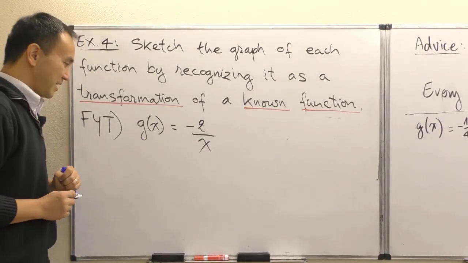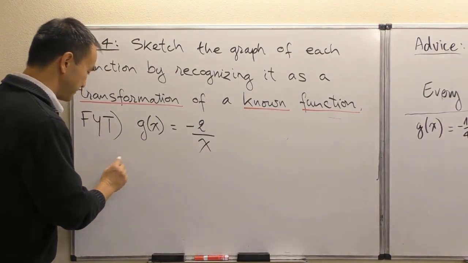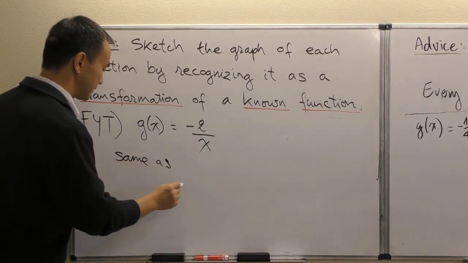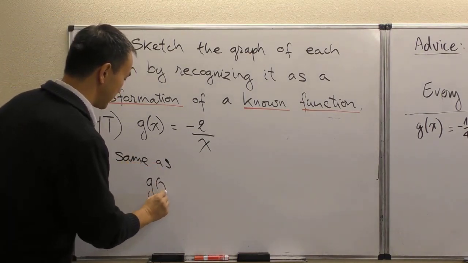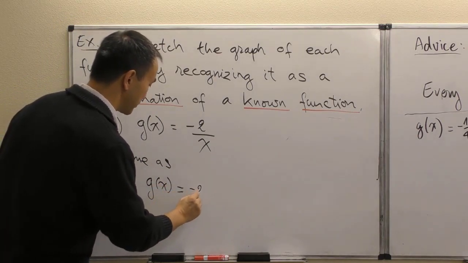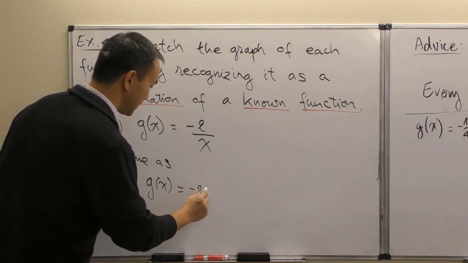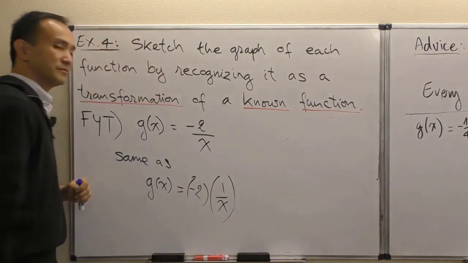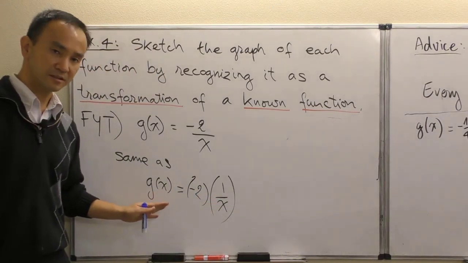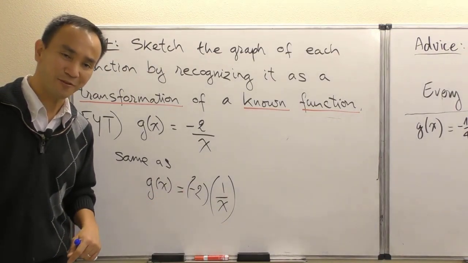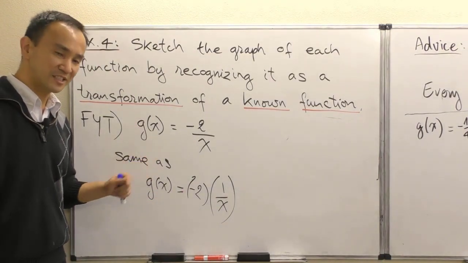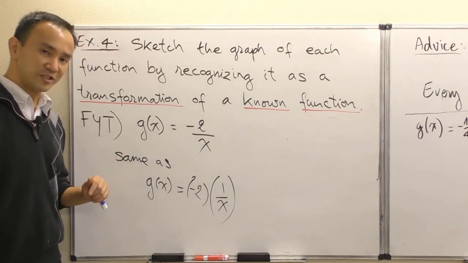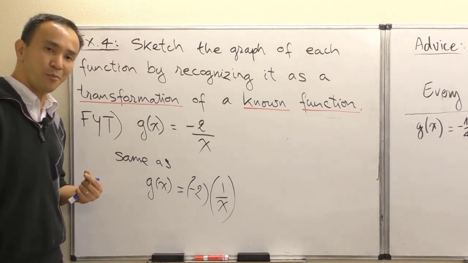This is the same as g of x equals negative 2 times 1 over x. This is about the furthest I can tell you regarding the information. You will go ahead and recognize the known function on your own, and then I will jump back in and point out the graph.